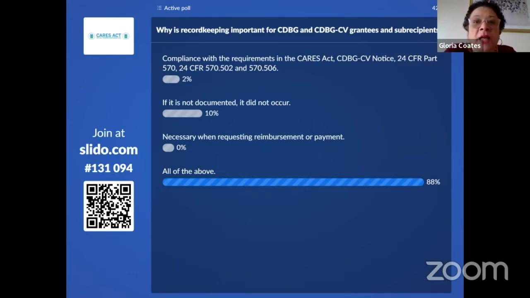If you don't have any documentation for this activity, it didn't happen. Or if you have no documentation that these people were assisted with low and moderate income, then they weren't assisted. That means it may be determined that you did not meet a national objective. You don't want that to happen because the usual remedy for that is payback of the grant. Next slide, please.